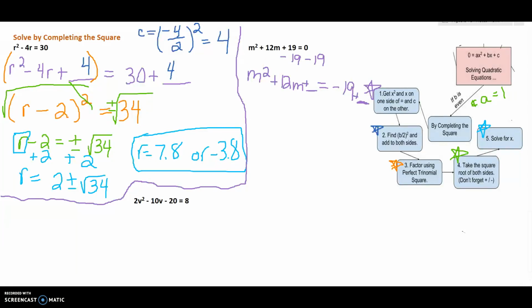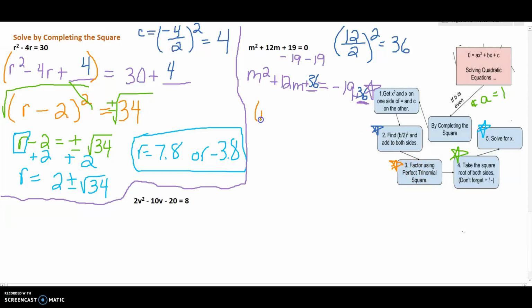My next step is to find half of b and square it. So b is 12, so I get 12 divided by 2 squared. So I get 6 squared is 36, so I'm going to add 36 to both sides. And I am going to factor using my perfect trinomial squares.